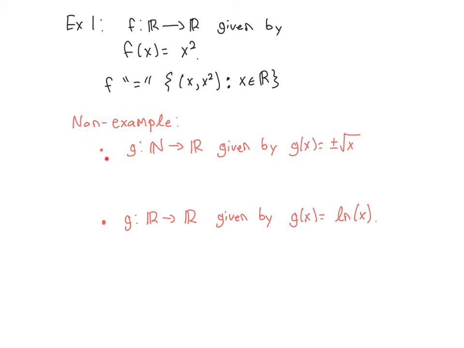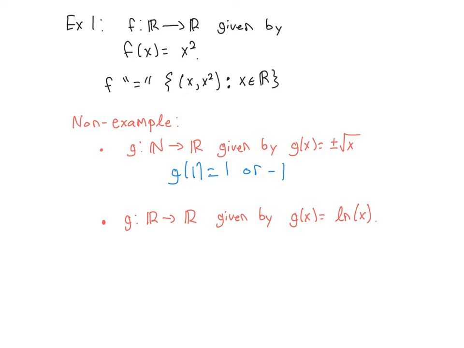As an example of something from a previous course that's not a function, you can consider g from the natural numbers to R, given by g of x equals plus or minus the square root of x. The reason why this is not a function is because we see that g of 1 is either 1 or negative 1.